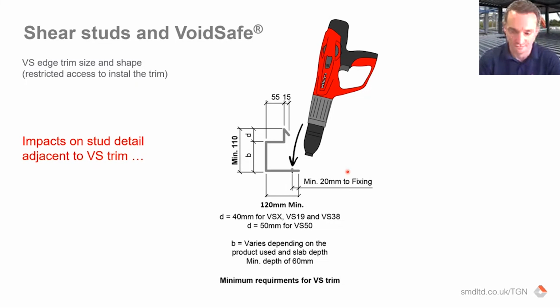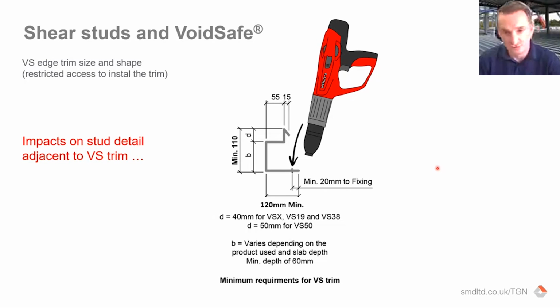So this is a VoidSafe edge trim. There's a better detail coming, but this is a VoidSafe edge trim. And a VoidSafe edge trim is essentially a recess trim, because what that allows is over that void, we then can apply a GRP grating to protect that void, both during construction and the life of the building.